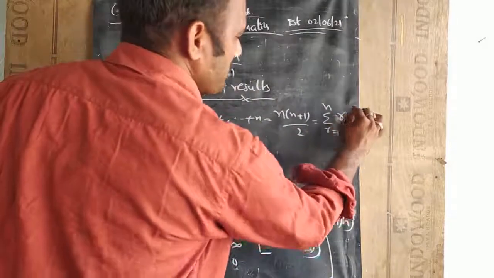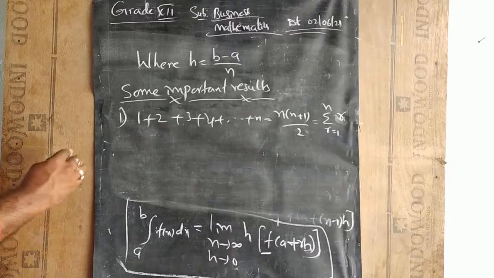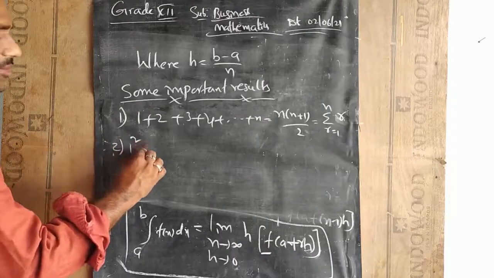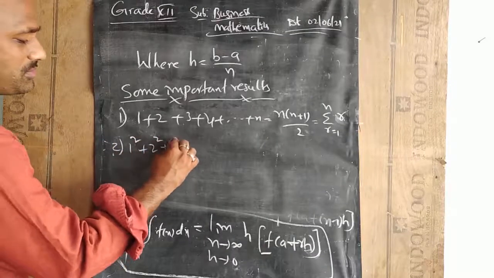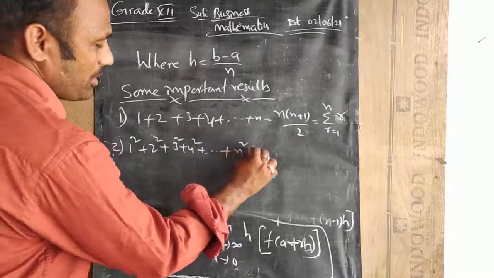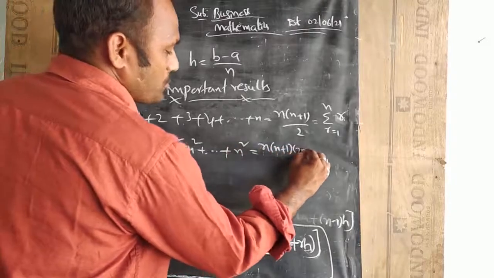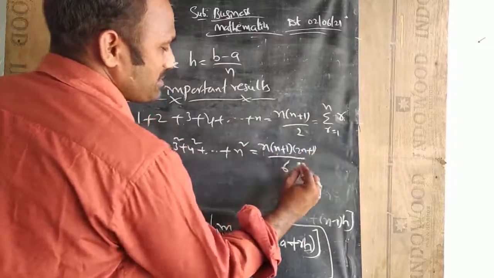If it is squares, the sum of the squares 1 square plus 2 square plus 3 square plus so on plus n square, this is n into n plus 1 into 2n plus 1 by 6.